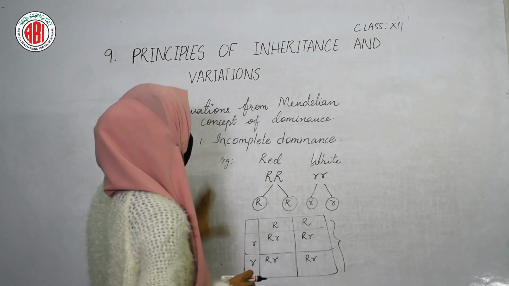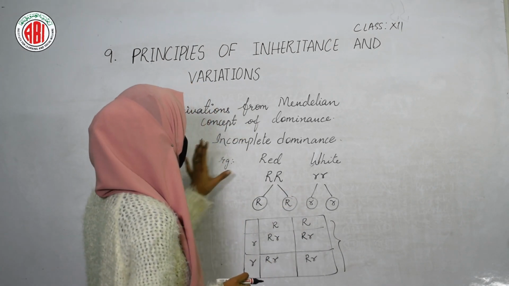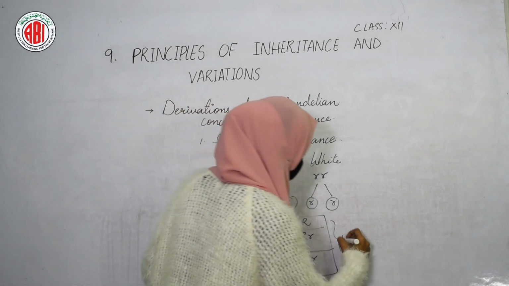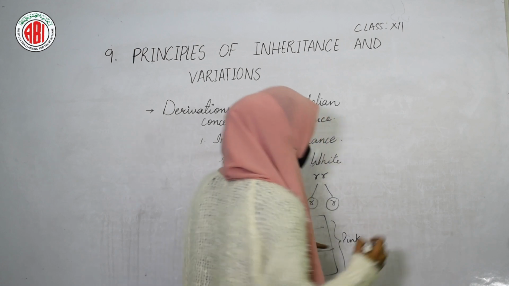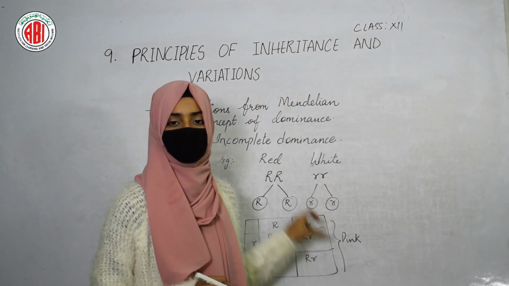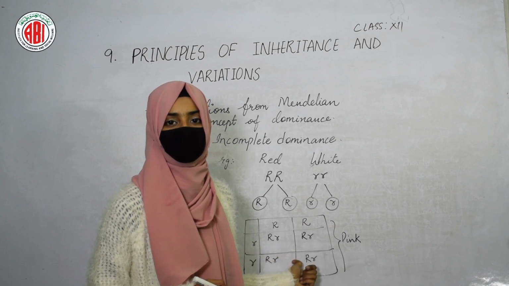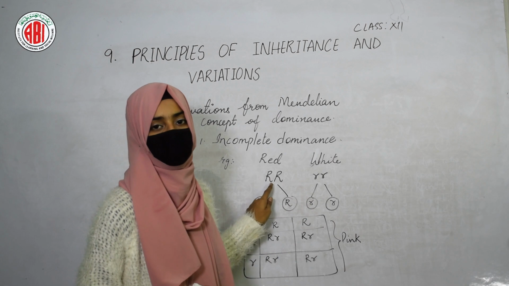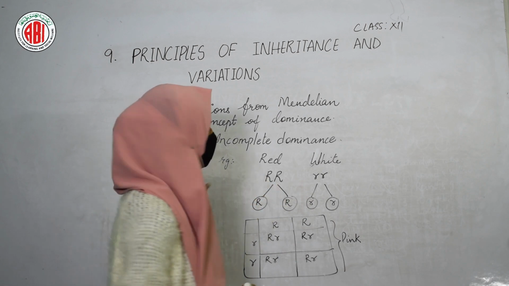But in this cross, as they are showing incomplete dominance, all the offsprings of the F1 generation show pink color. This is how incomplete dominance is shown by different plants.